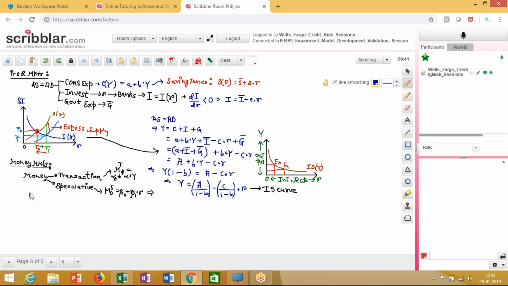So we'll say the money supply MS will be equal to the money demand. Now obviously observe that it is the rate of interest which is driving the speculative demand for money, as well as the product market, because the investments happening in the product market are being financed by the financial sector.